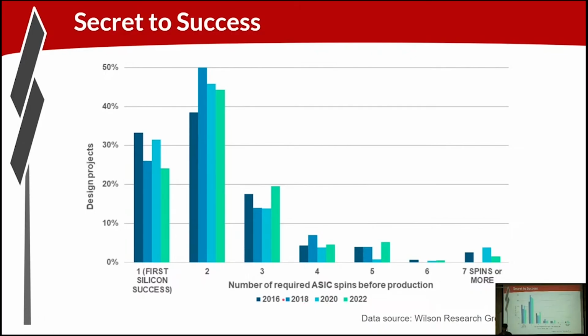There's a 2-year cadence on the data, so this is over the past 6 years or so. This shows the percentage of projects that are successful on first silicon, and you see a number of projects take 7 spins or more before the company goes under, I guess. These are the companies that were left around to talk about it in the Wilson report.